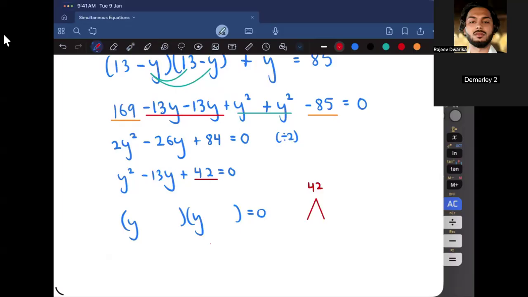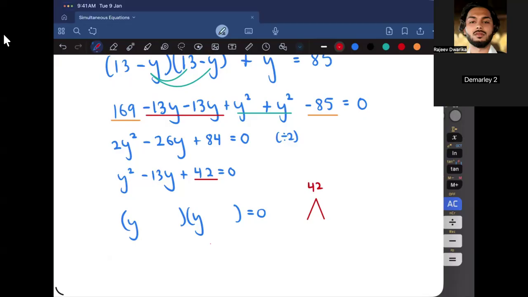Can I add to get 13? Give me a bit. I'll give you a hint. These are 7 times tables. 6 and 7.